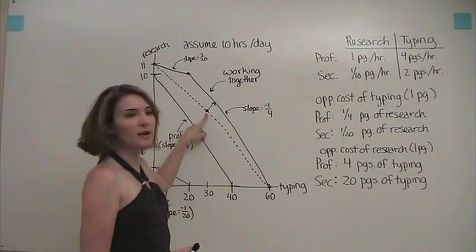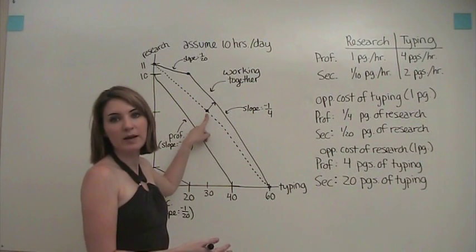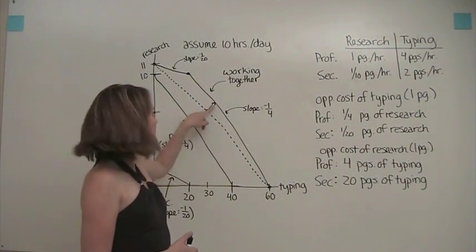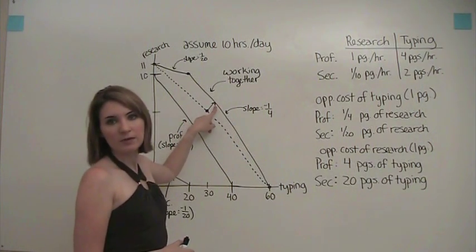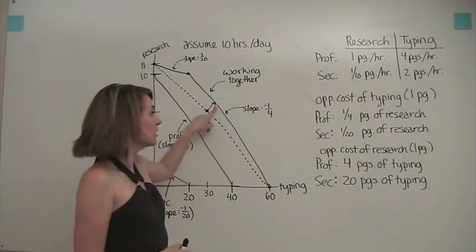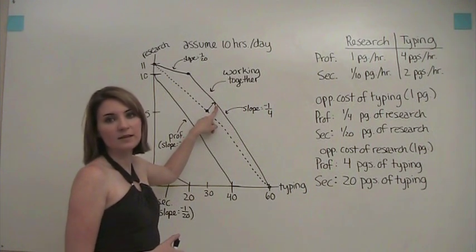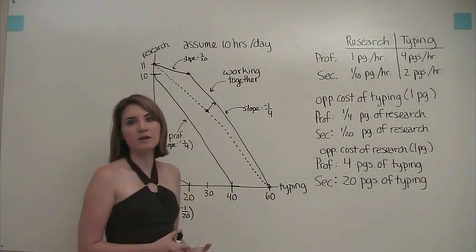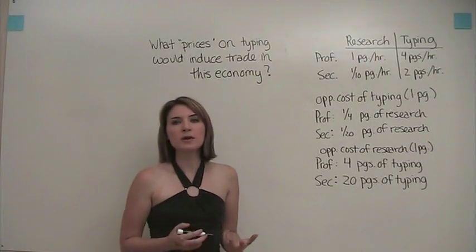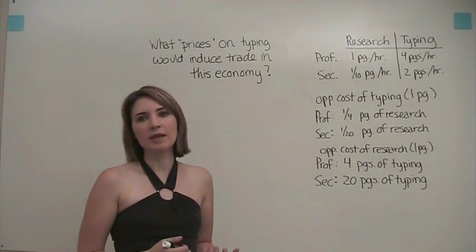But notice here how the specialization of labor can make the economy do better, because we can move from this point here to this point out here on the production possibilities frontier through trade. This point here is clearly better for the simple reason that we are getting more production of both of the goods in our economy. Let's think about one more question regarding labor specialization, comparative advantage, and the gains from trade.